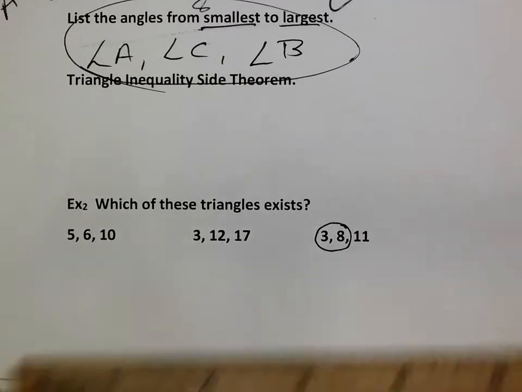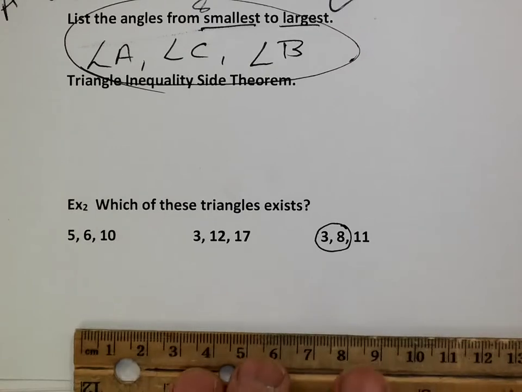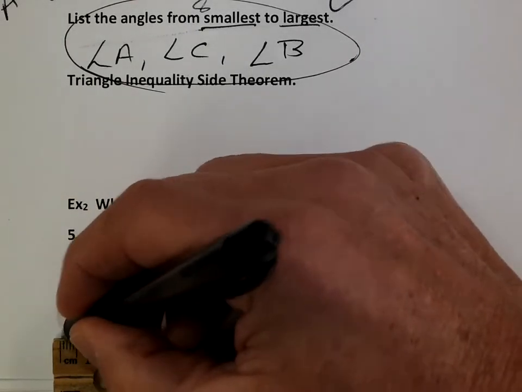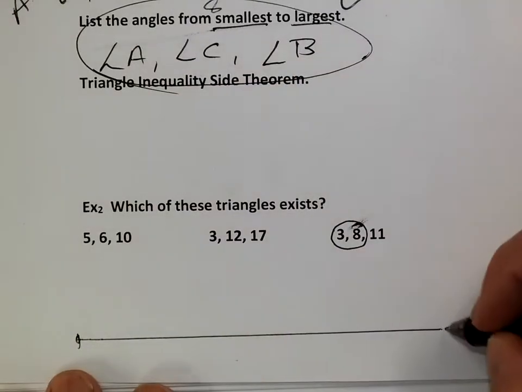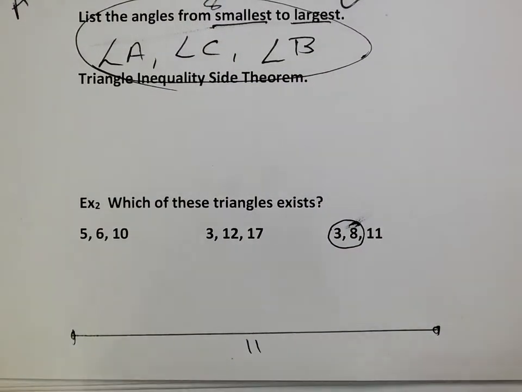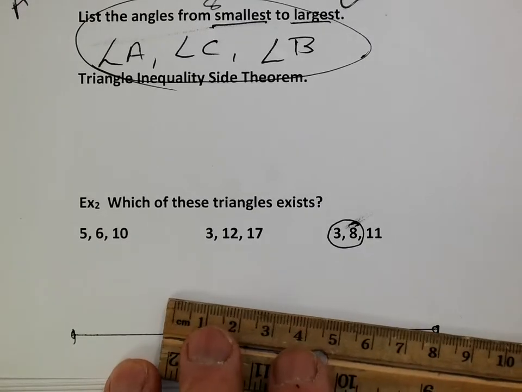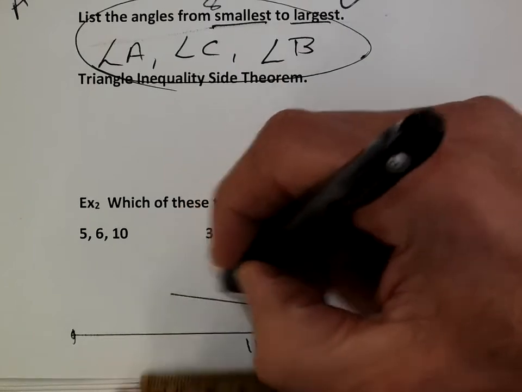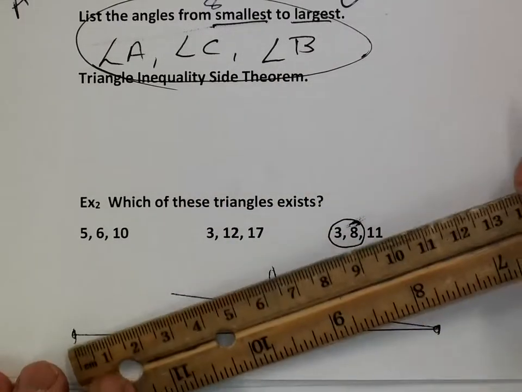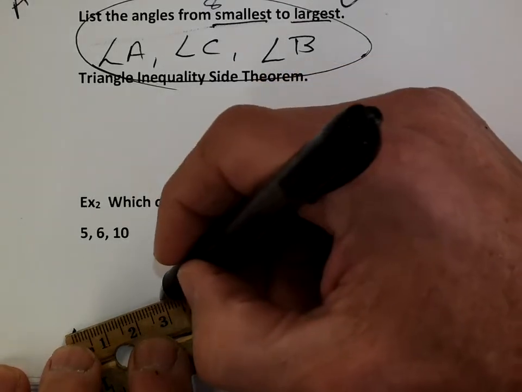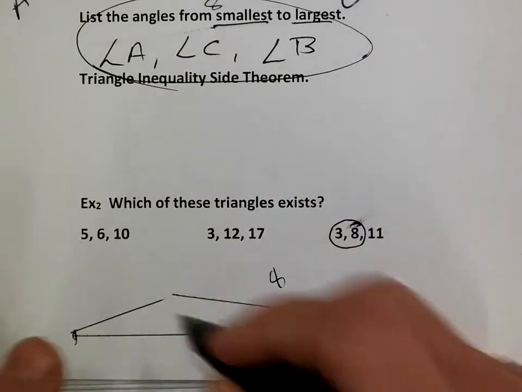So if I draw an 11, here's my 11, 11 long. Then I draw on the other side 8, and then 3. They won't make it. They almost touch, but they don't. So it doesn't even make a triangle.